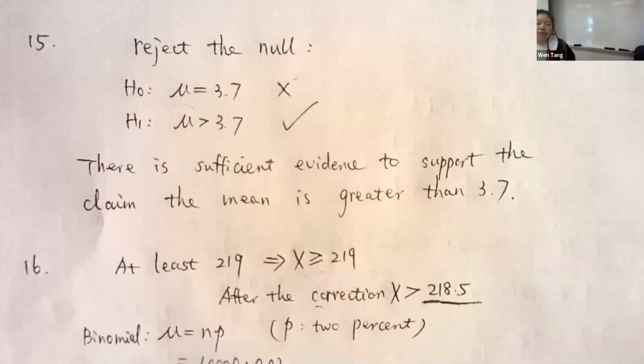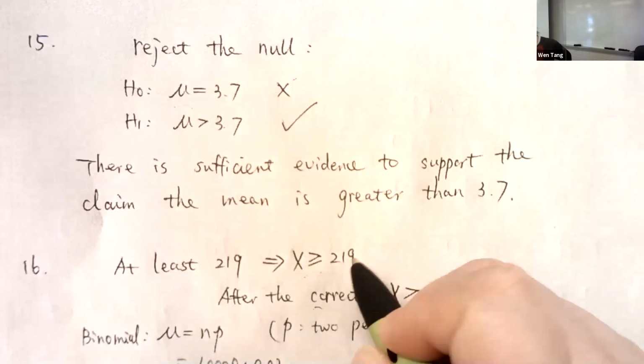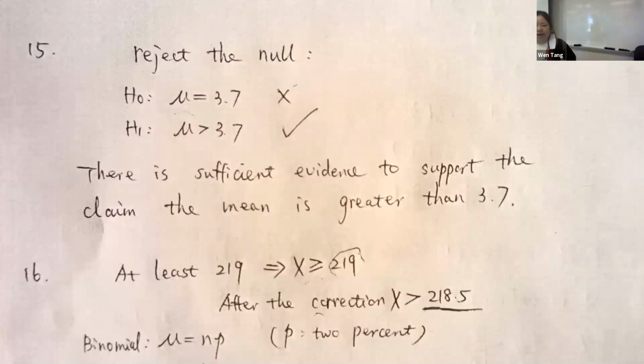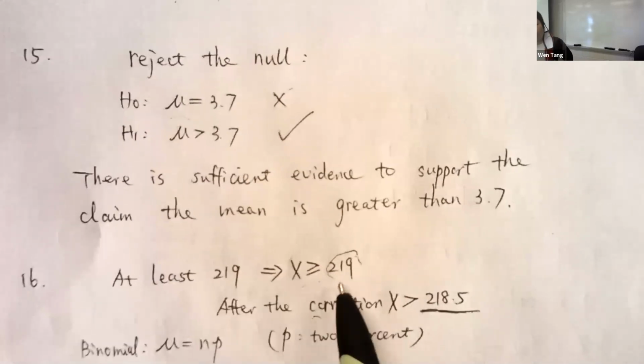Remember, how can we do the correction? We plus 0.5 or minus 0.5. But we should pick which one for this case. It depends on whether this single value is included or excluded, right? Here we know the original x is possible to be exactly 219.